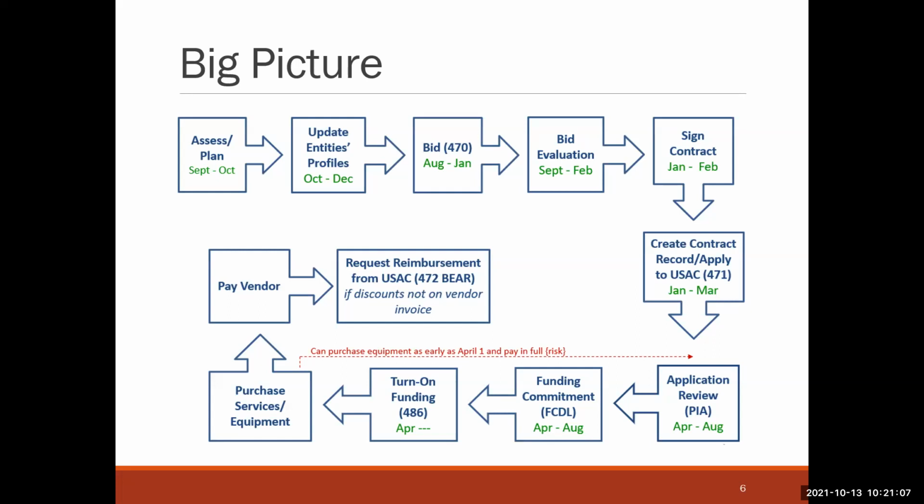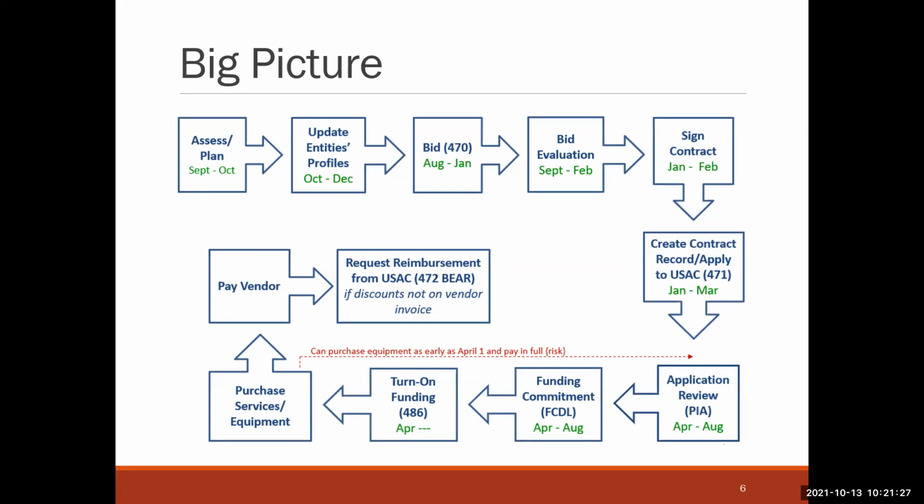You would update that information. Libraries, you have other fields that can be updated, such as name, address, as well as your square footage, because your square footage is going to determine how much money you get for the Category 2 part of the program.